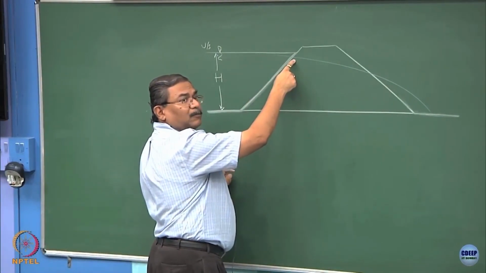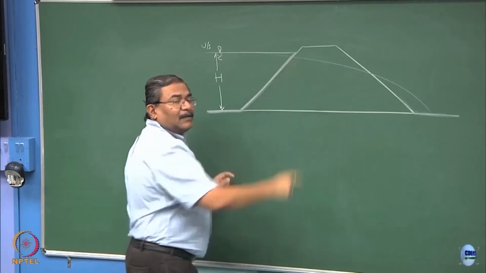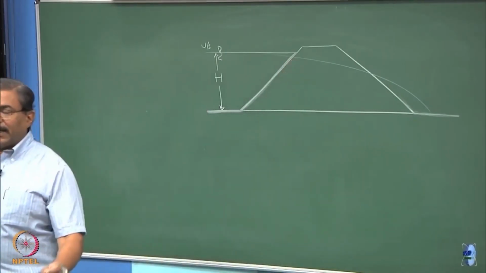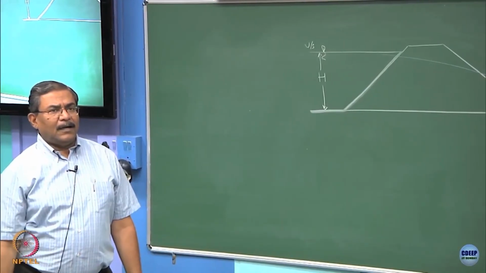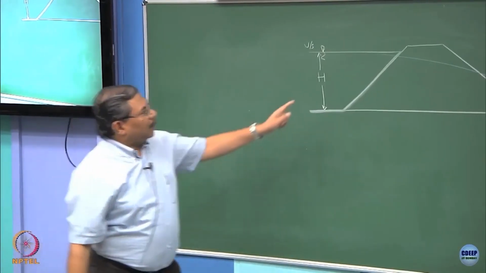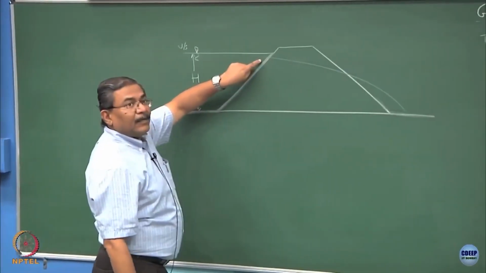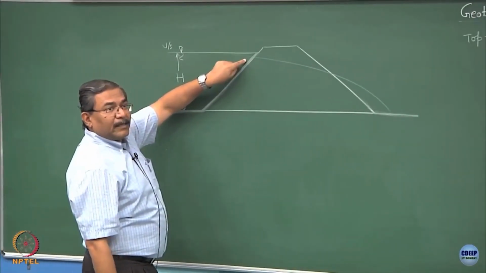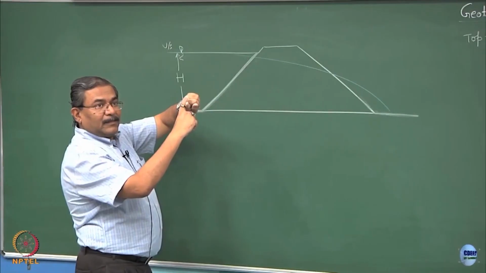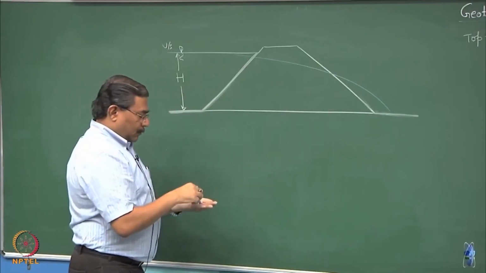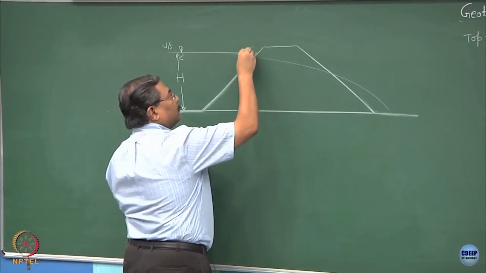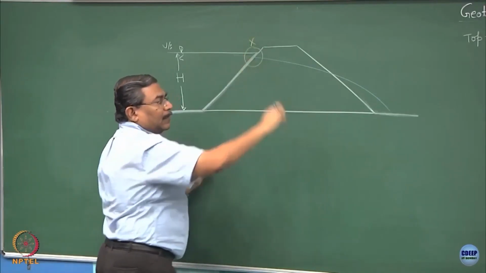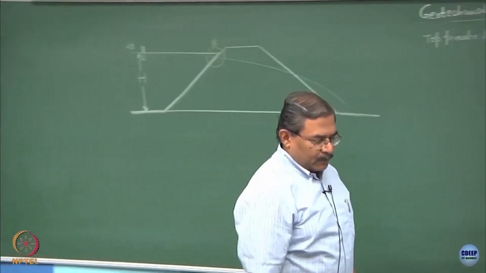Very good. Why not possible? You are right, answer is correct. It is not possible. Why is it not possible? Look at the flow line and the equipotential line, they are not perpendicular to each other. Number 1, fallacy, or I would say this is violating del square phi equal to 0 and del square psi equal to 0 case.